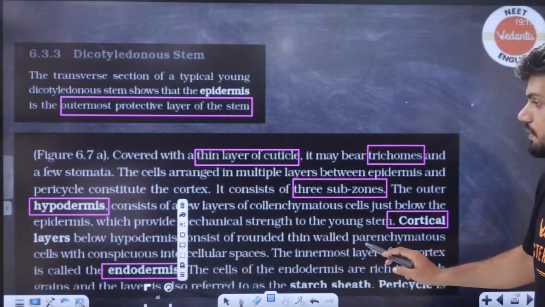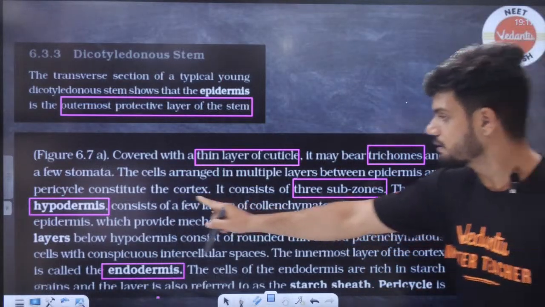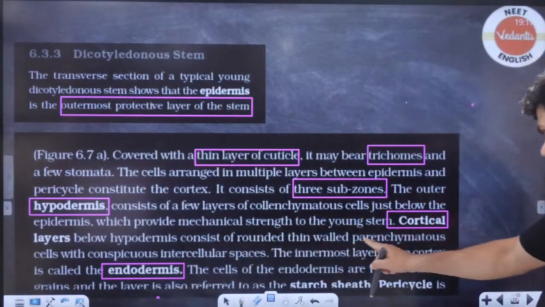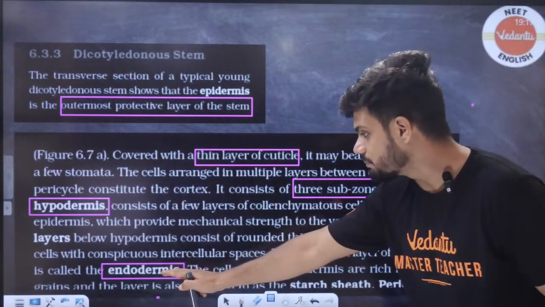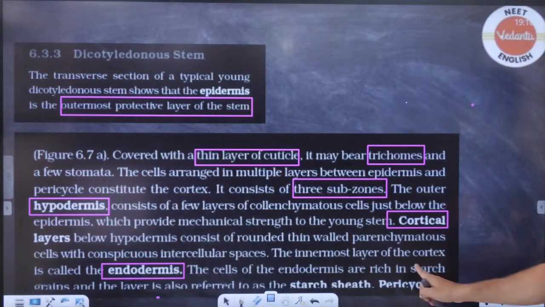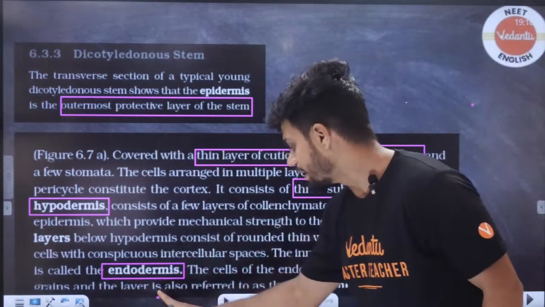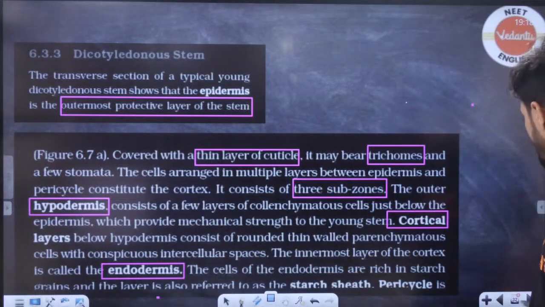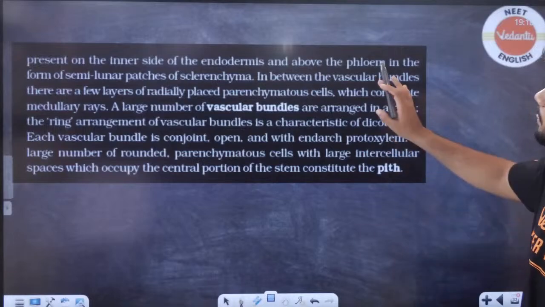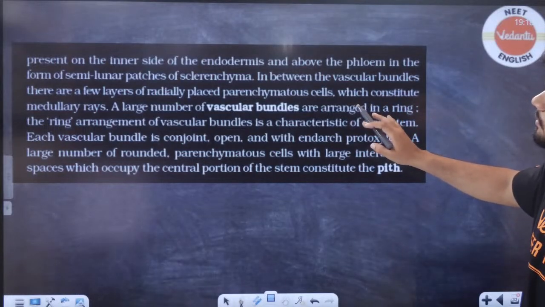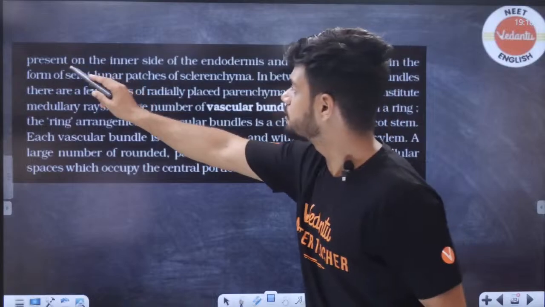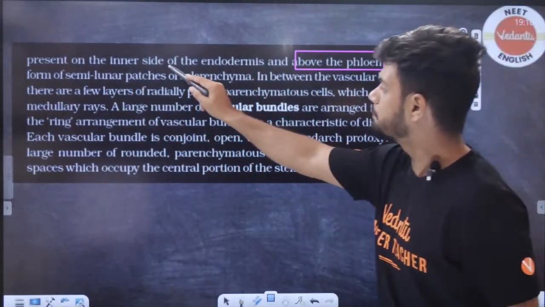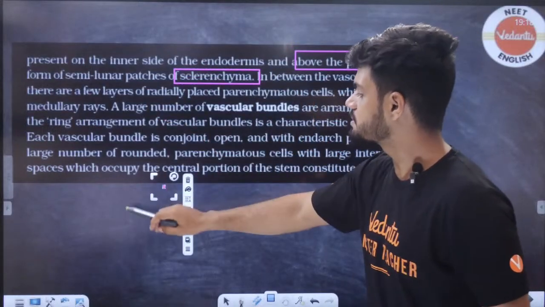Can you see? Collenchyma, hypodermis. Cortical layer, parenchyma. Endodermis has what? Endodermis is rich in starch grains, referred to as the starch sheath. Pericycle is present on the inner side of the endodermis and above the phloem, made up of sclerenchyma, semi-lunar shape.